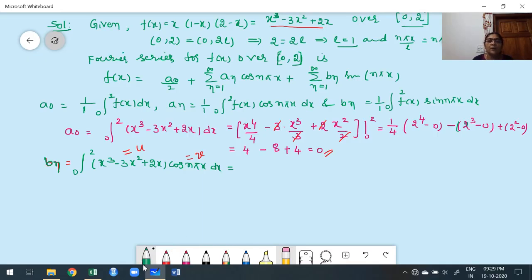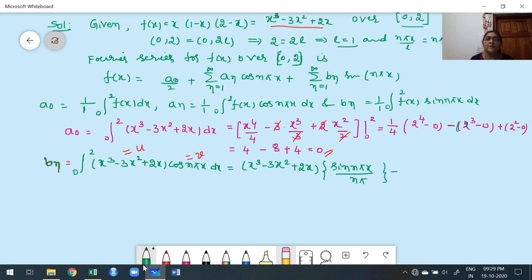From the UV rule, what's the first term? Your first function x cube minus 3x square plus 2x into the integration of cos. What is the integration of cos? Sine of n pi x divided by the coefficient of x, which is n pi.